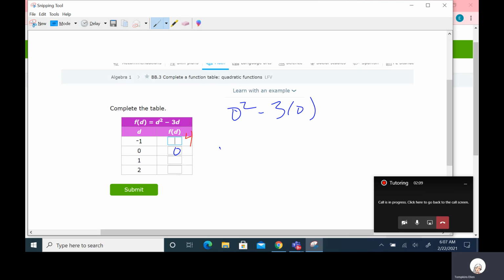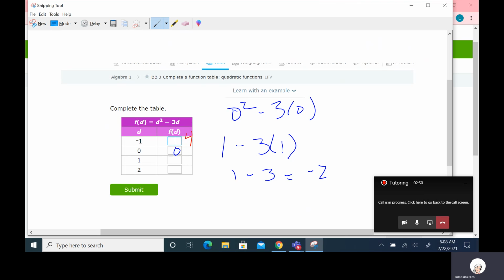When you go to 1 squared minus 3 times 1, one squared is 1. Minus 3 times 1. And you're going to get 1 minus 3 equals -2.